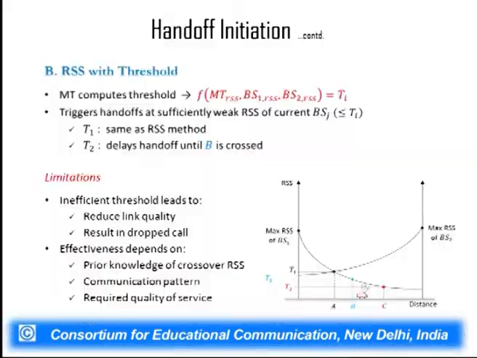Okay. So, as given in the diagram, if we have taken T1 as our threshold, it will behave exactly the same as our RSS method alone used to do. So, taking T1 as a threshold, it will not perform any better than the RSS method. So, let us suppose we have taken a lower threshold, that is, lower than T1.